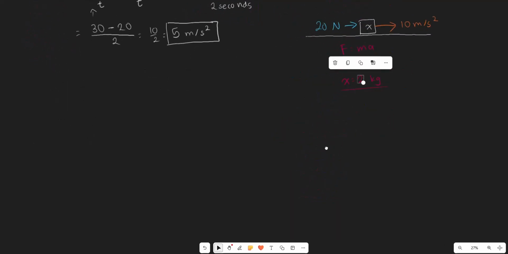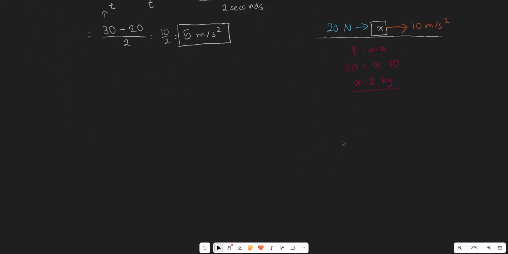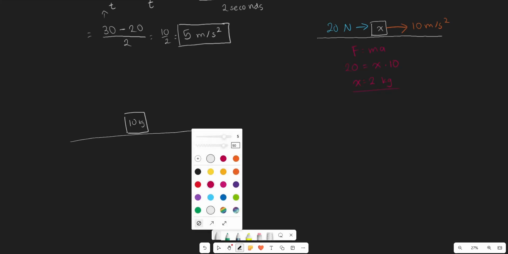Now let's try one last example. We have a body of mass 10 kilograms, and it's acted on by 10 newtons of force.